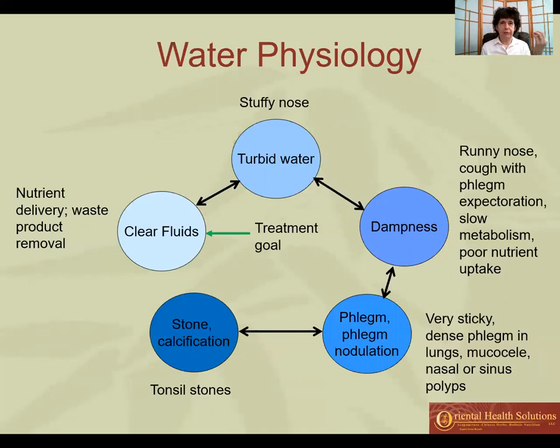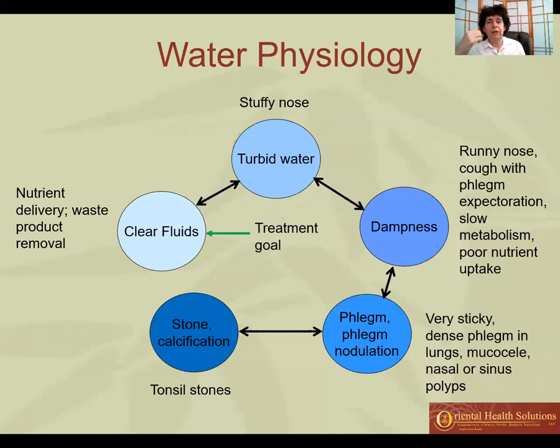And of course, we have a phlegm damp or phlegm cold and phlegm heat phase, so either one could be happening for the person. So now we would see symptoms, as an example, where the dampness is congealed into this really sticky and dense phlegm in the lungs. There could be a mucocele.